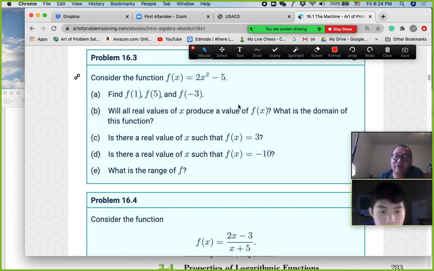Can you write on my screen what is this range? You can use your mouse to write on my screen.